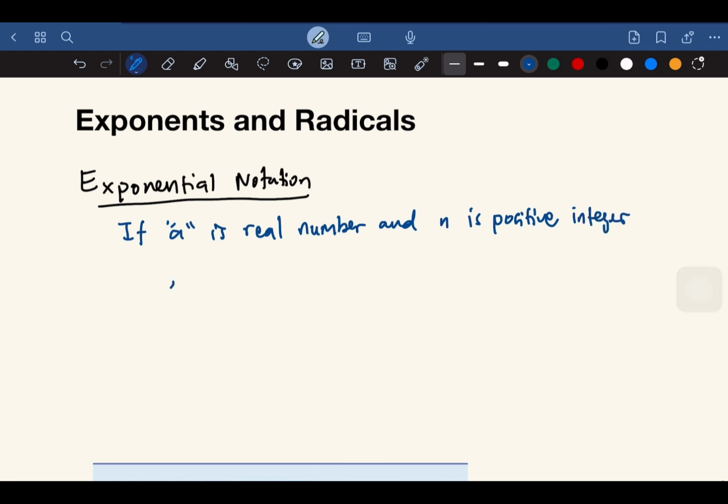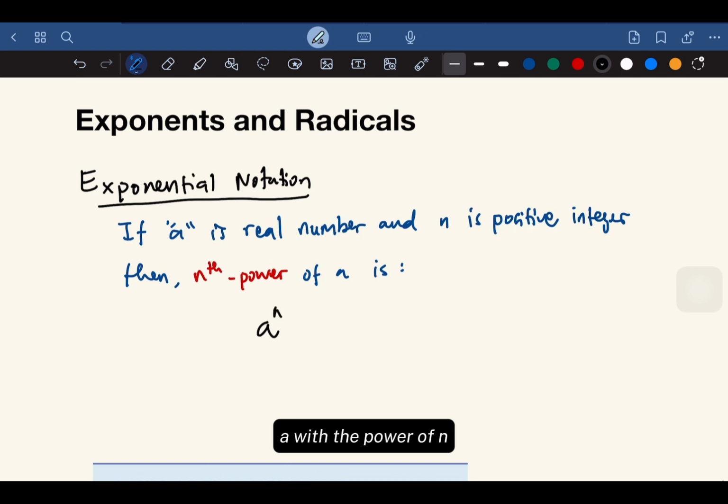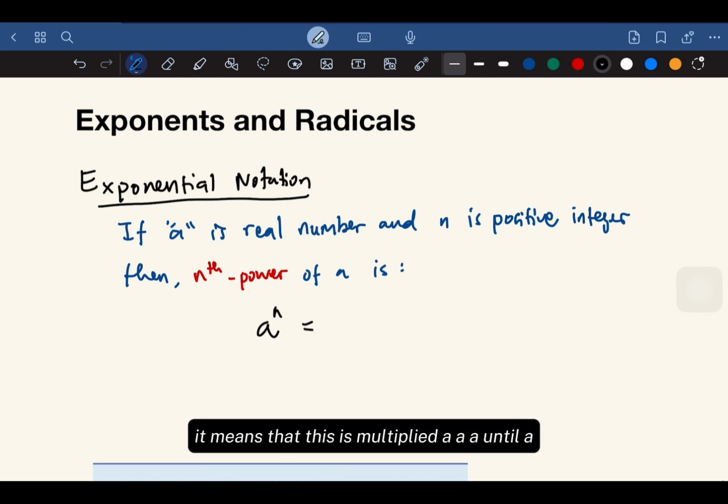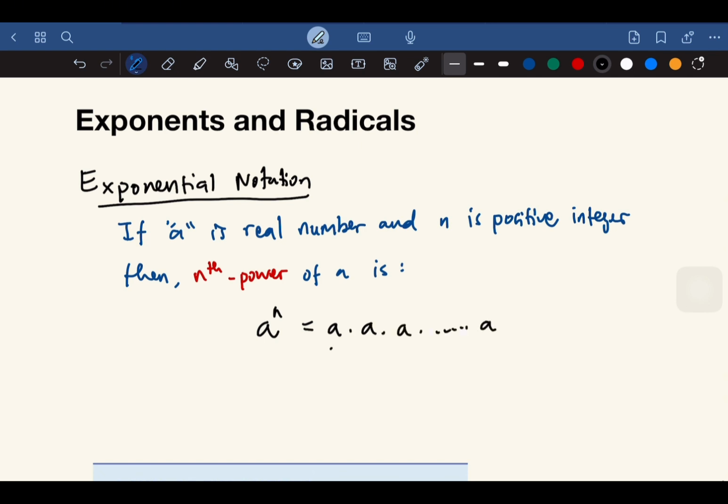then the nth power of a is a with the power of n. It means that a is multiplied until a, n times.